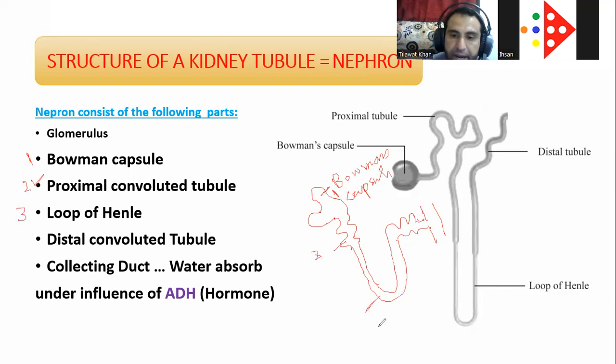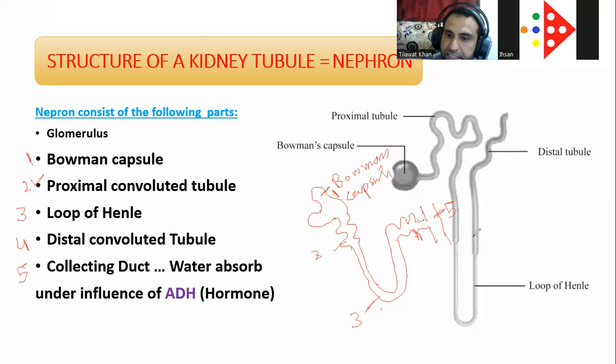And this part is called distal convoluted tubule. So proximal, loop of Henle, and distal convoluted tubule. And this one is collecting duct, where urine will come, right?